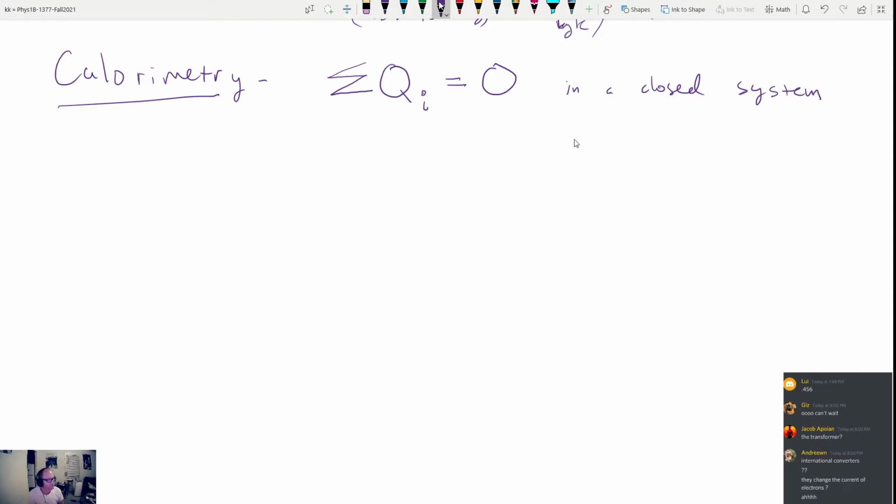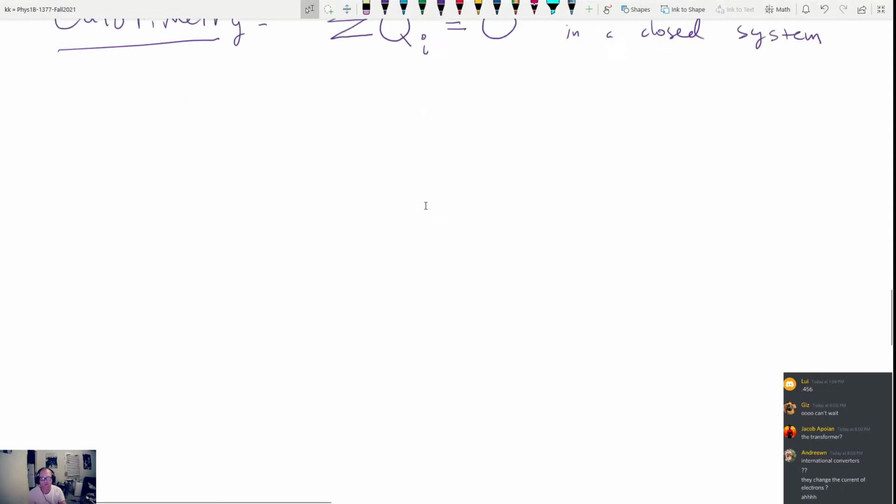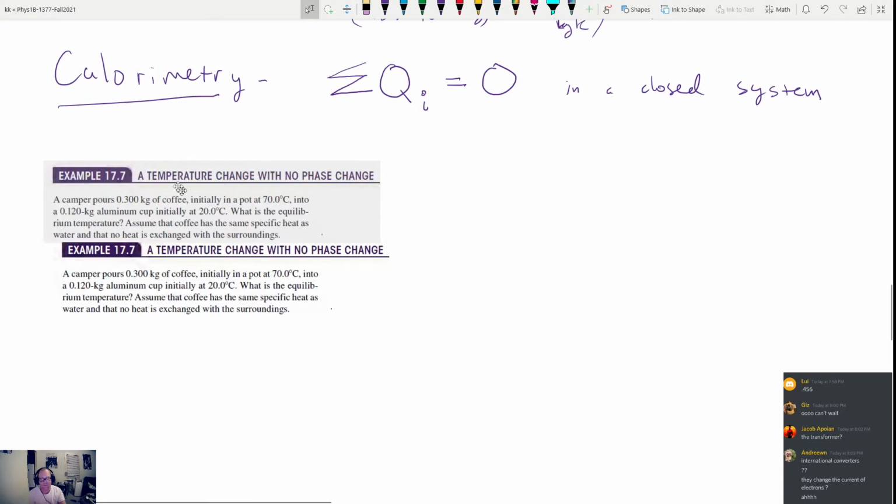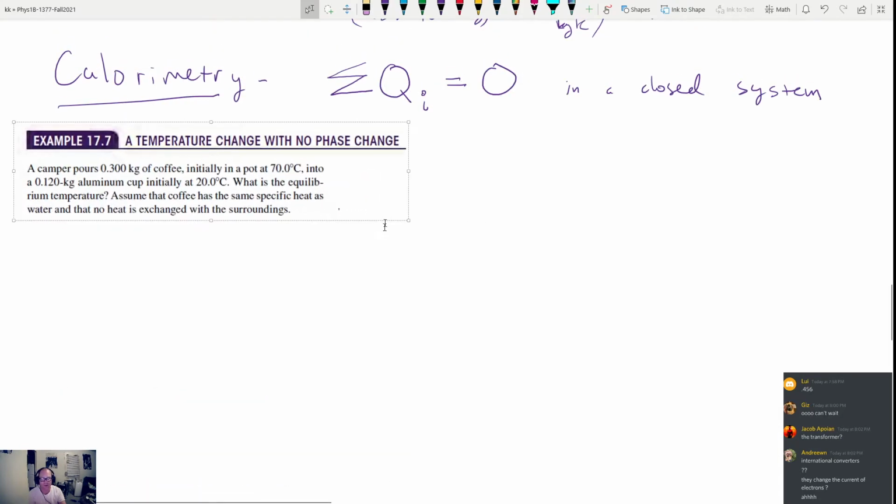That's a common kind of calorimetry question. The best way to talk about this, I think, is to just do an example problem. If you've taken chemistry, you almost certainly have seen problems like this before. I'm not sure if the way that they solve them in chemistry is the same, but I'm pretty sure they are. So if you have taken chemistry, this portion of this class should be pretty easy for you, assuming you understood it when you learned it.